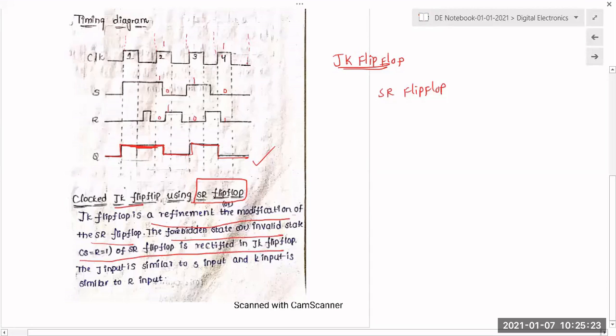In that case the output is a forbidden, invalid, indeterminate or prohibited state. To remove that disadvantage, we make a slight modification to the SR flip-flop, which is called a JK flip-flop. Here J is the input similar to the S value and K is similar to the R value. Is that clear?